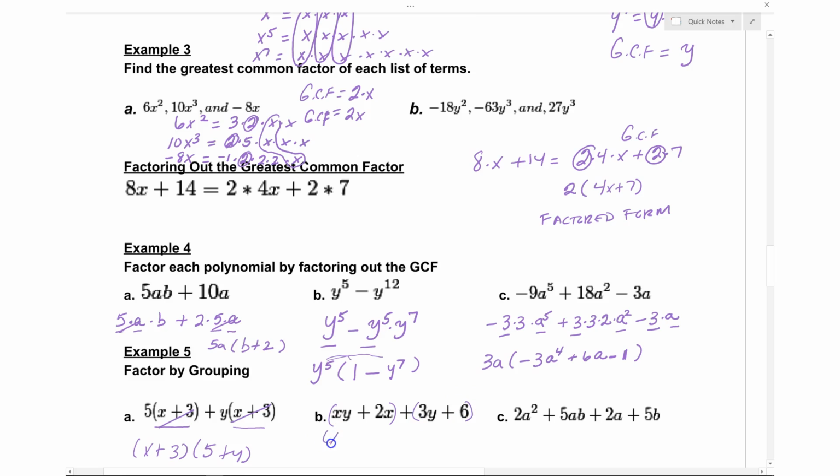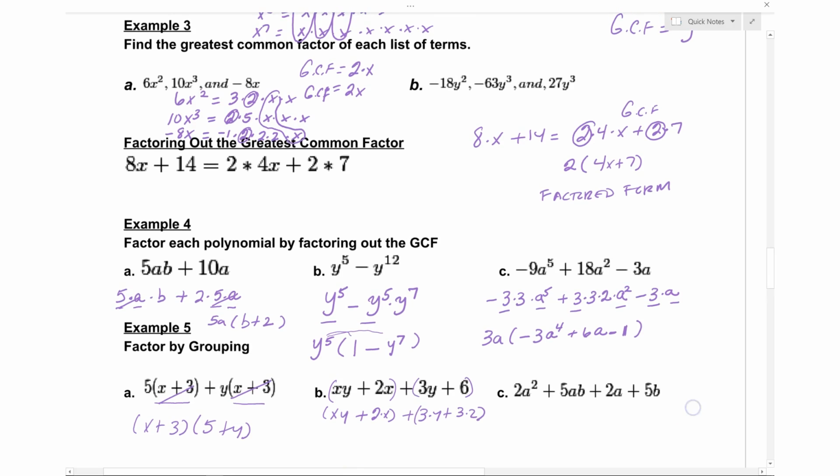So we have x times y plus 2 times x, plus 3 times y plus 3 times 2. Okay, and we notice that we have the x in common because that's our greatest common factor. So we're going to factor out the x, and we have y plus 2.